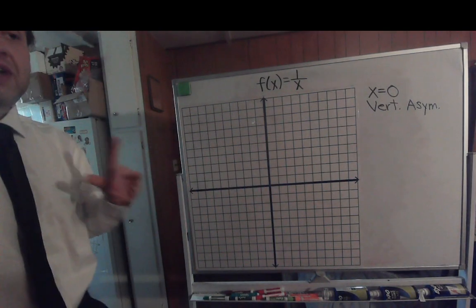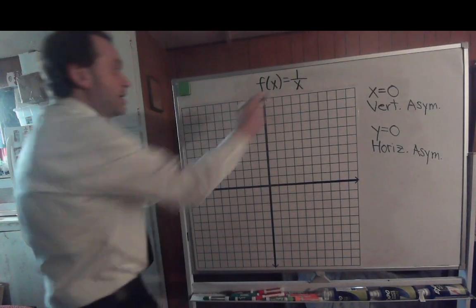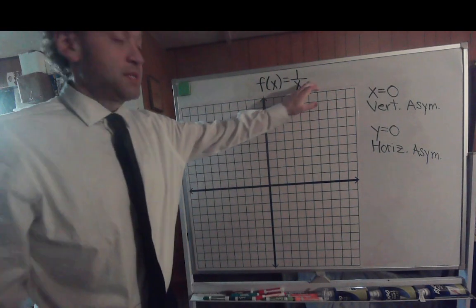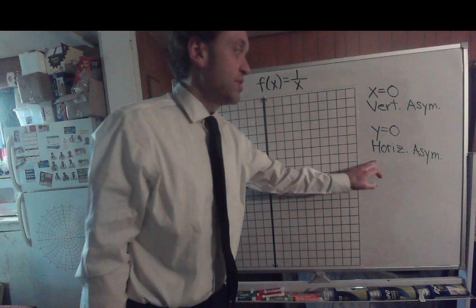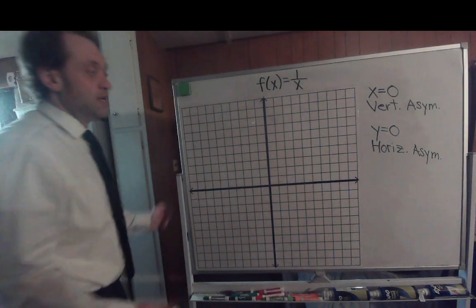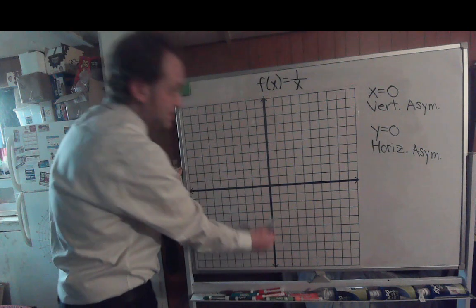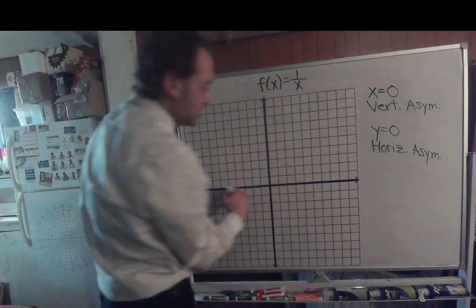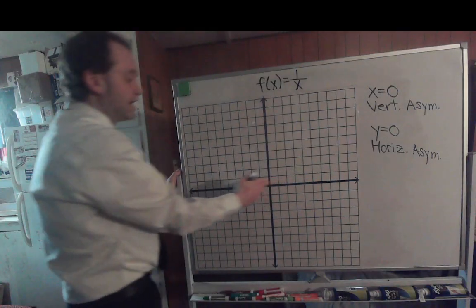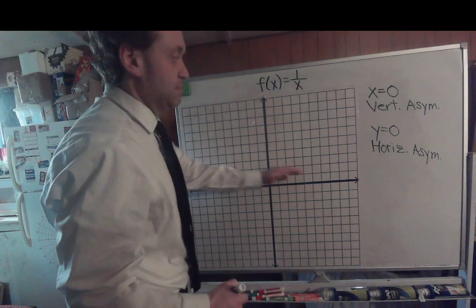You also have a default horizontal asymptote at y equals 0. So every time you have a constant divided by a linear x expression, you have y equals 0 as a horizontal asymptote. So you have x equals 0, which is the entire y-axis, as your vertical asymptote. Then you have y equals 0, which is the entire x-axis, as your horizontal asymptote.